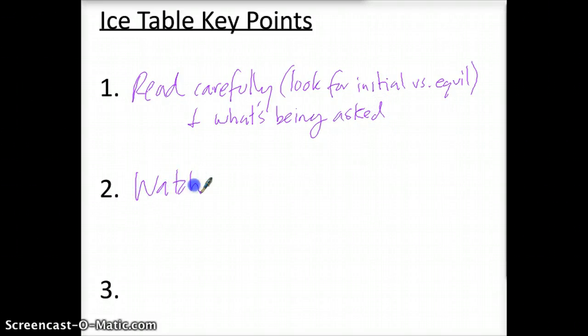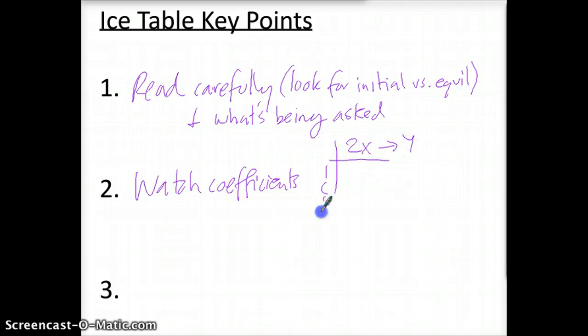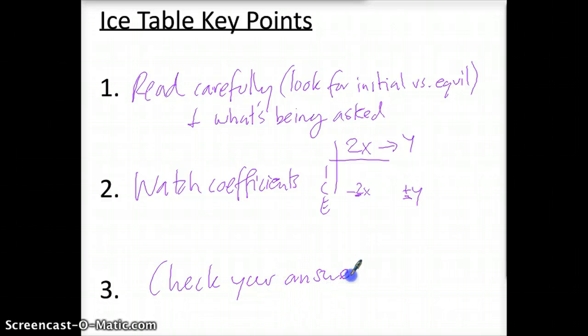Watch coefficients. What we mean by that is, if the reaction is 2x to y and you're setting up your ice table, this needs to be minus 2x, and this needs to be plus y. The coefficients matter. Third thing, check your answer by plugging it back into your equilibrium expression.